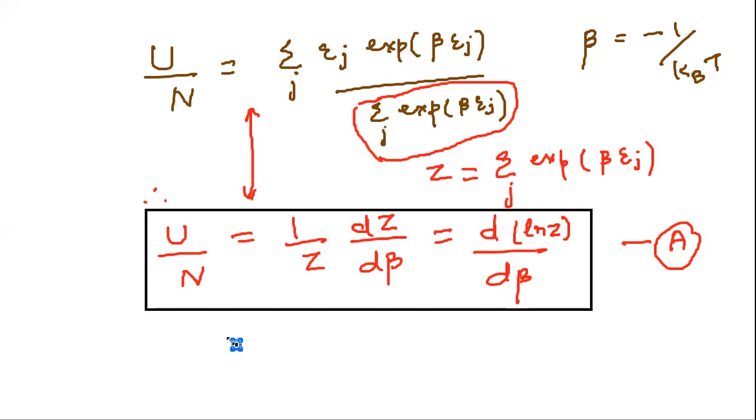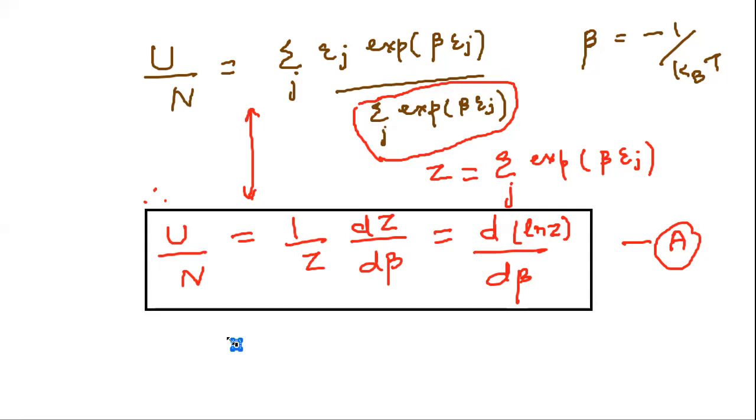Now this equation A, we have established it by using the expression obtained in the case of localized particles. But this expression depends only on the definition of Z, which is the same for gases as for localized particles.